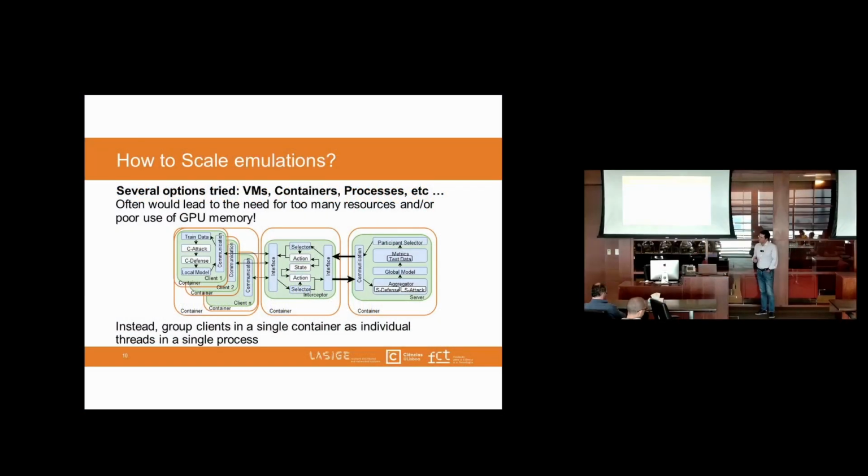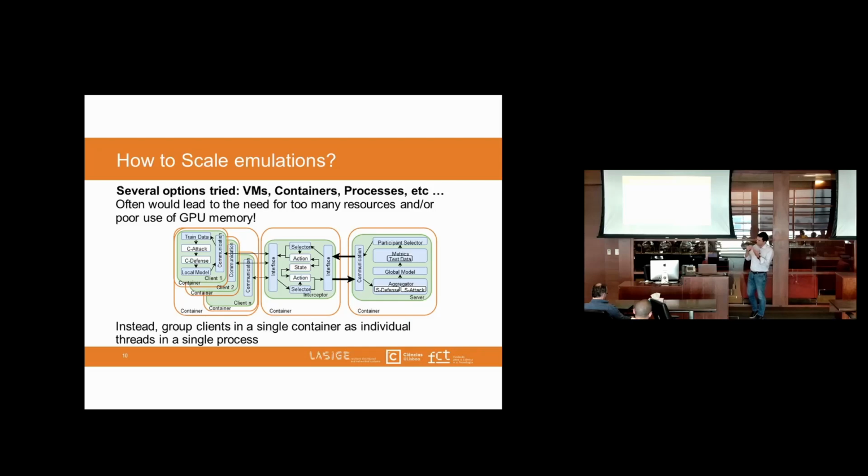And so we basically tried all options that are available. We started with virtual machines for each client, server, and interceptor. Then we tried containers. Then we tried processes, and it goes on. And I'll show you what is the current solution. But at a certain point, you always get into some bottleneck, okay?